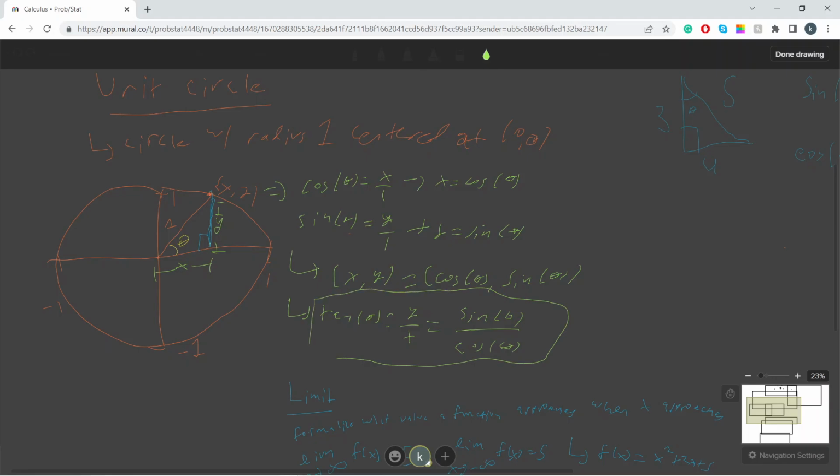So tangent of theta is simply sine of theta over cosine of theta. And this can help us in a lot of ways, in that we really didn't need to know what tangent was. We just needed to know how we could find it. And the best part is we can find it in terms of sine and cosine.